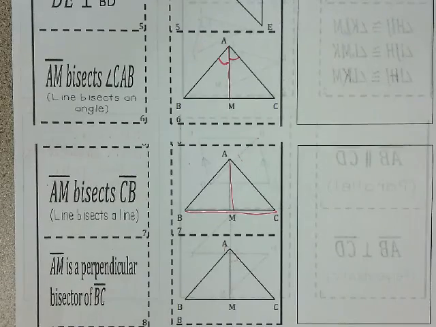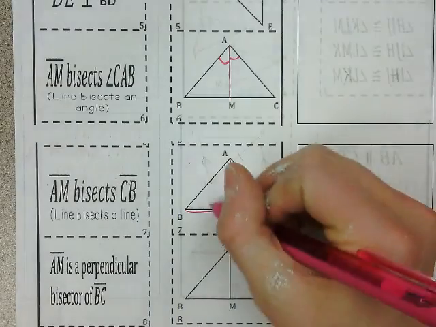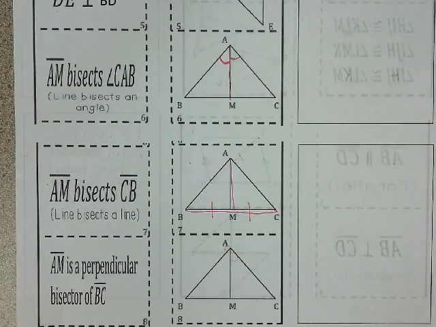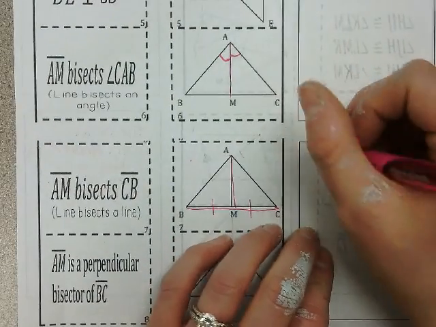No. It only says it bisects CB. So that's the only thing that I can assume. When you bisect a segment, what do you get? Two congruent segments. Awesome. How do I show they're congruent? Tick marks. What does that mean for point M? It's the midpoint.